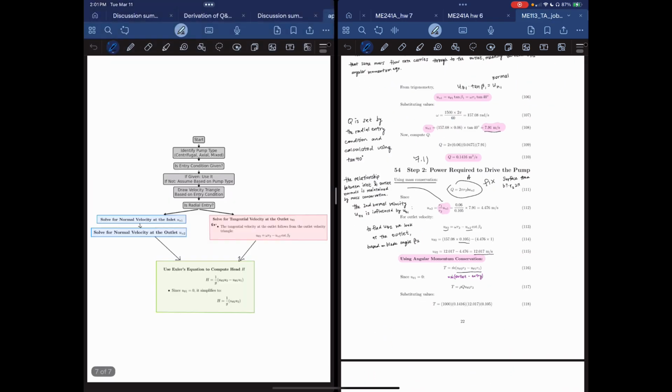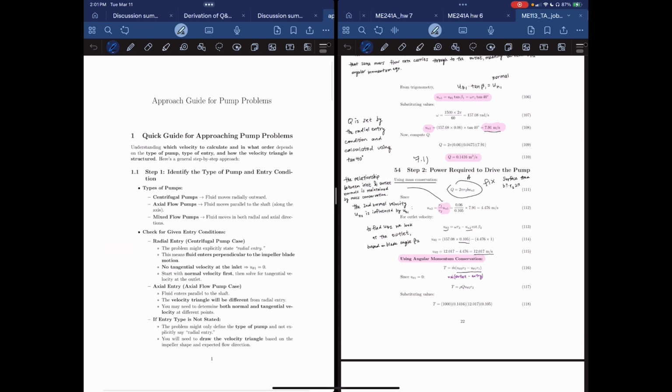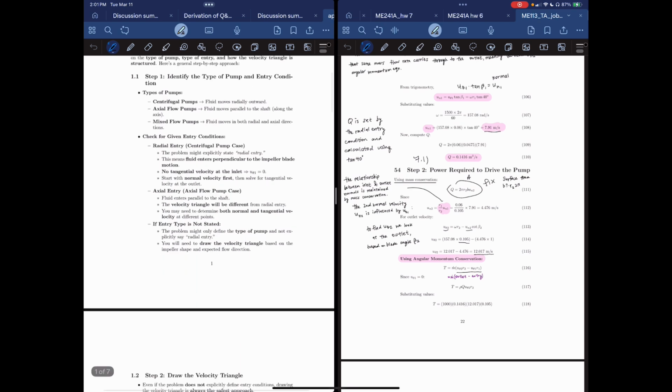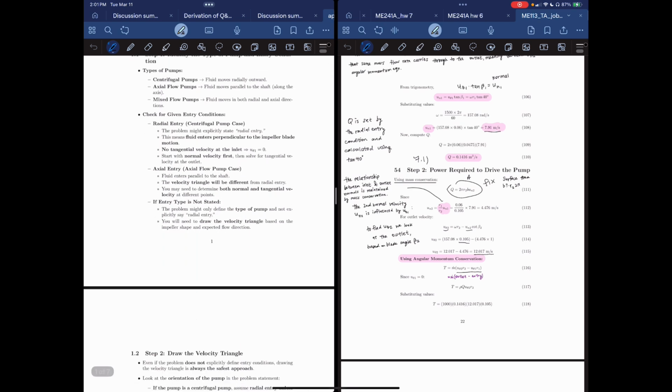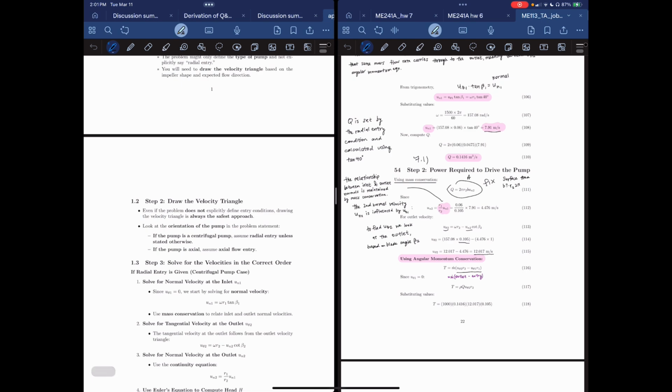I just added a guide to approach pump problems since that's what the students were asking me, and it just depends on the velocity triangle, drawing it right, or the type of entry that you're given, and if you're not given the type of pump, ask the professor how he's going to give the problem to you.